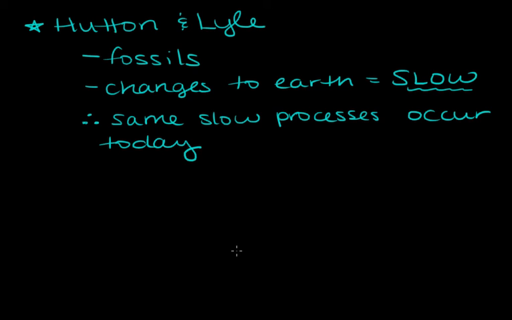Okay, so with all this information, and the question of whether the Earth is young or old, lots of scientists focused on this question: how did we get to the point that we are now? Why are species different? And no one proposed a mechanism until Jean-Baptiste de Lamarck.